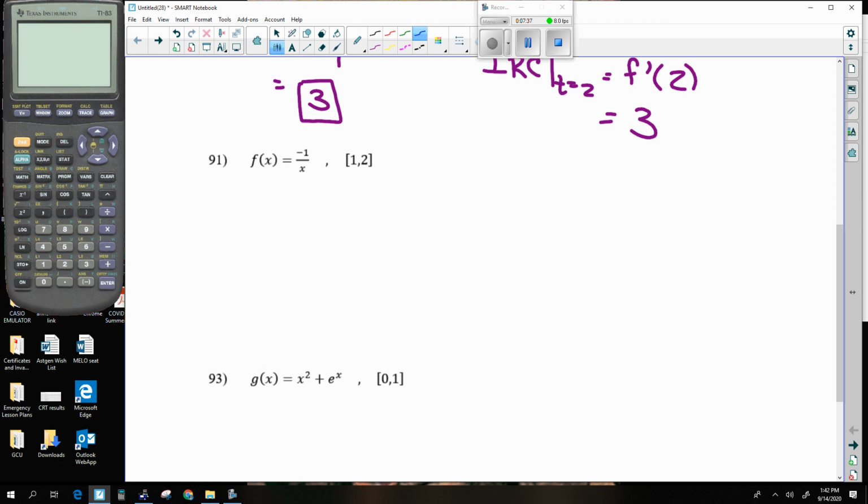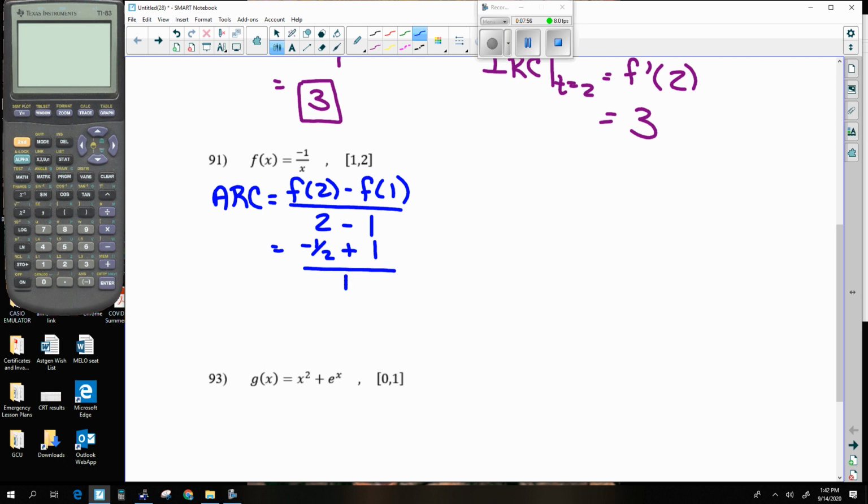All right, average rate of change is f of 2 minus f of 1 all over 2 minus 1. The f of 2 is going to be negative 1/2 plus 1, because it's negative 1, all over 1, and this is going to be 1/2.